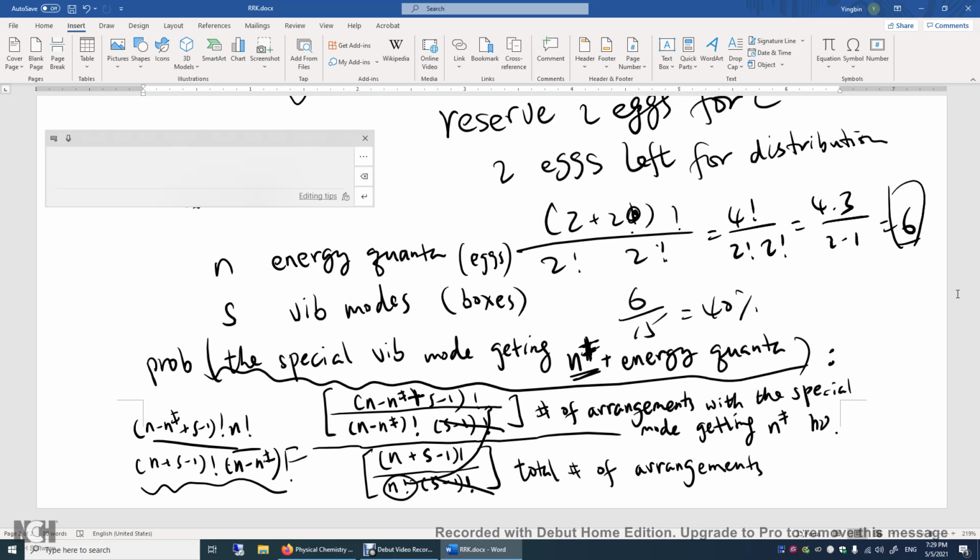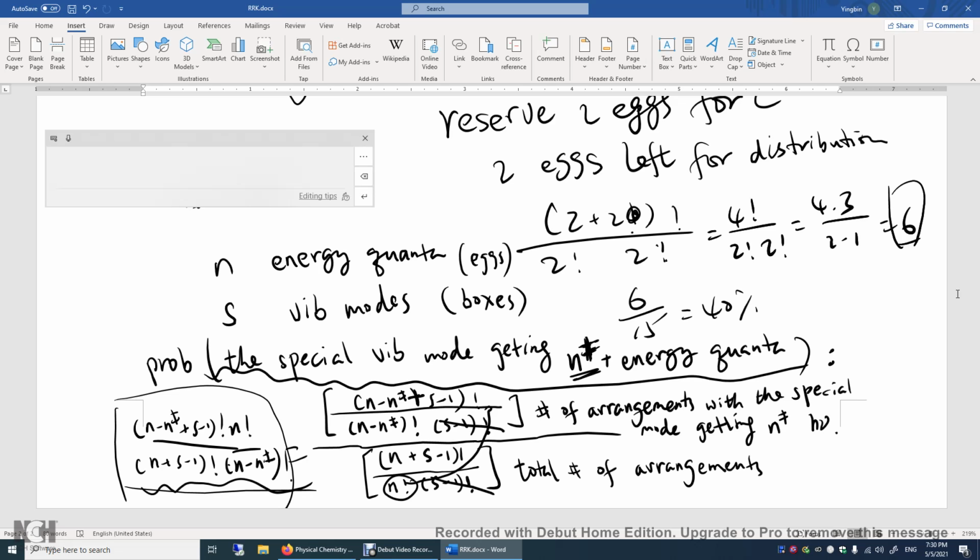All right, this is the essence of the RRK theory. In RRK theory, the probability of the special vibrational mode getting a certain number of energy quanta and resulting in the reaction proceeding, that probability can be computed this way.